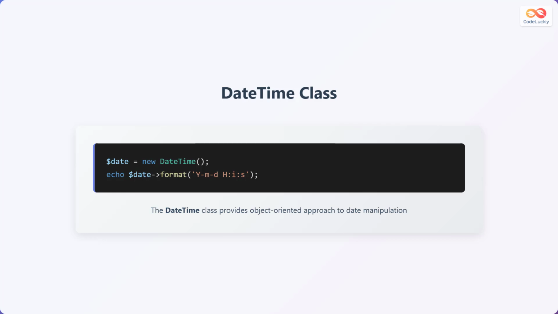For example, $date = new DateTime(); echo $date->format('Y-m-d H:i:s'); The DateTime class provides an object-oriented approach to date manipulation.